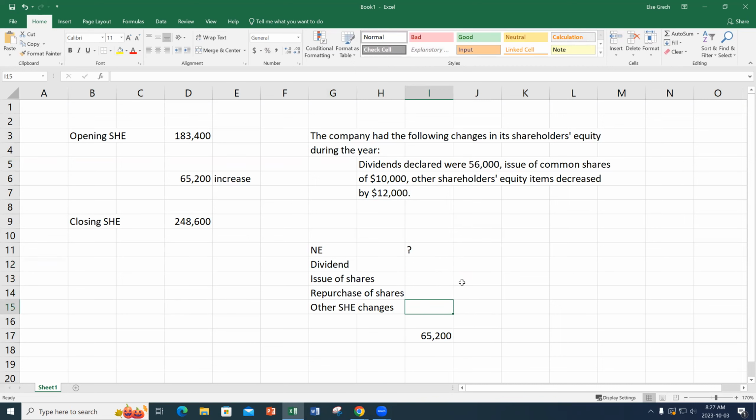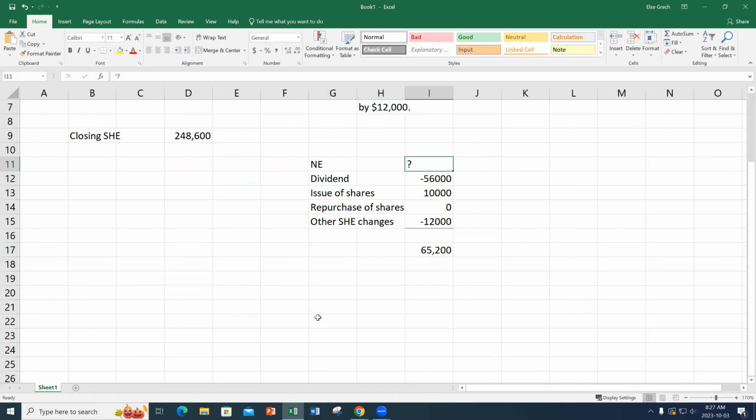So when I look at this, if I look for the information we had negative 56,000, we had common shares issued for 10,000, and we had other changes, which was negative 12,000. So now solve for X. This is blank because they didn't give us any information. So we put 0 here. Now solve for X, which is net income. So this is a math sentence, right?